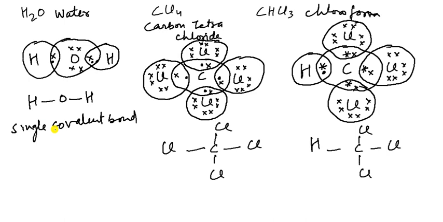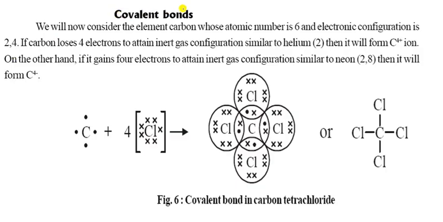And the carbon atom shares all the electrons like this. So we can form the bond. So this is the single bond of Cl, and this is the single bond of Cl, and this one is the single bond of Cl. So you can see so many bonds are there, but they all are single covalent bonds.